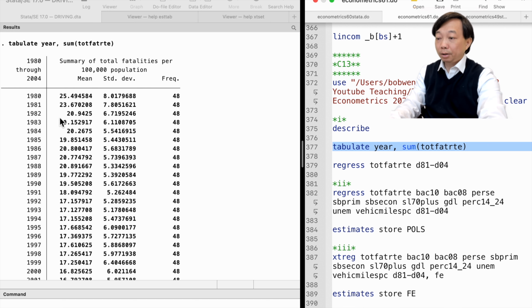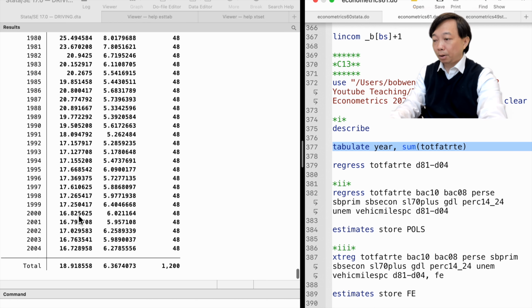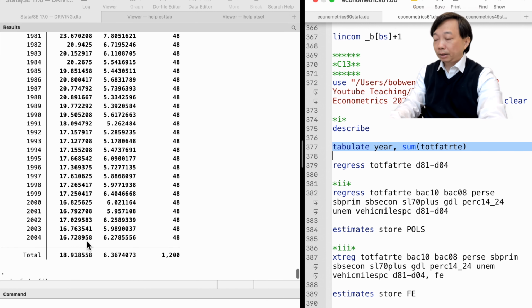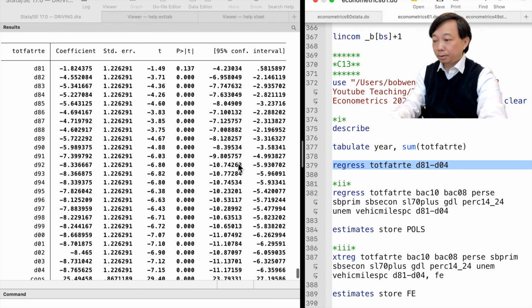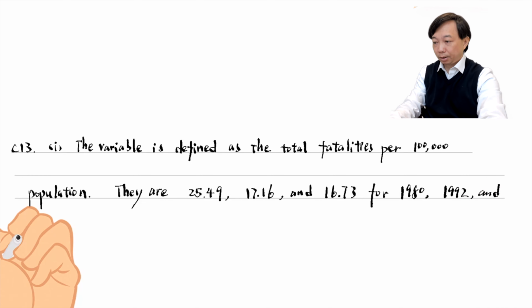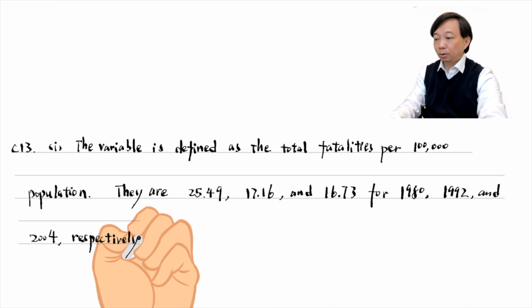They are 25.49, 17.16, and 16.73 for 1980, 1992, and 2004, respectively. Yes, driving became safer over time because most year dummies are negative and individually statistically significant at the 1% level.